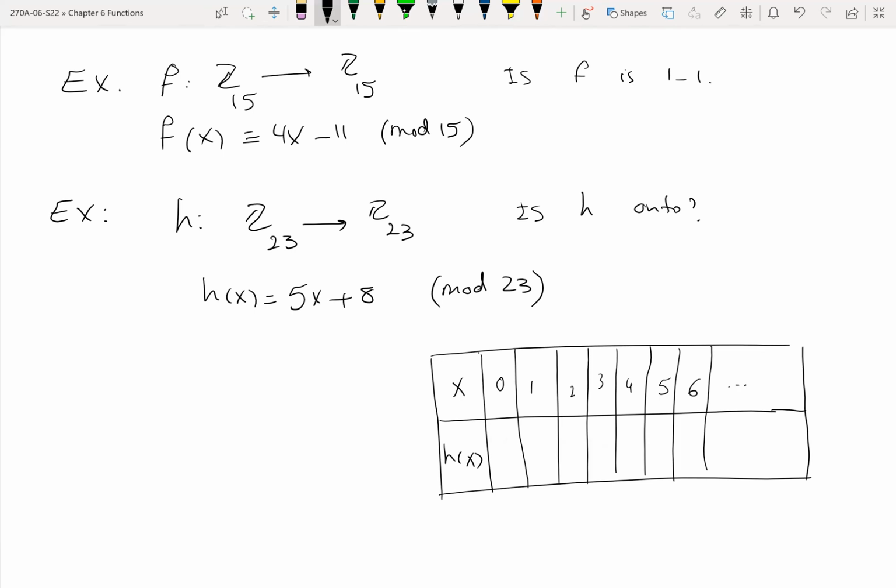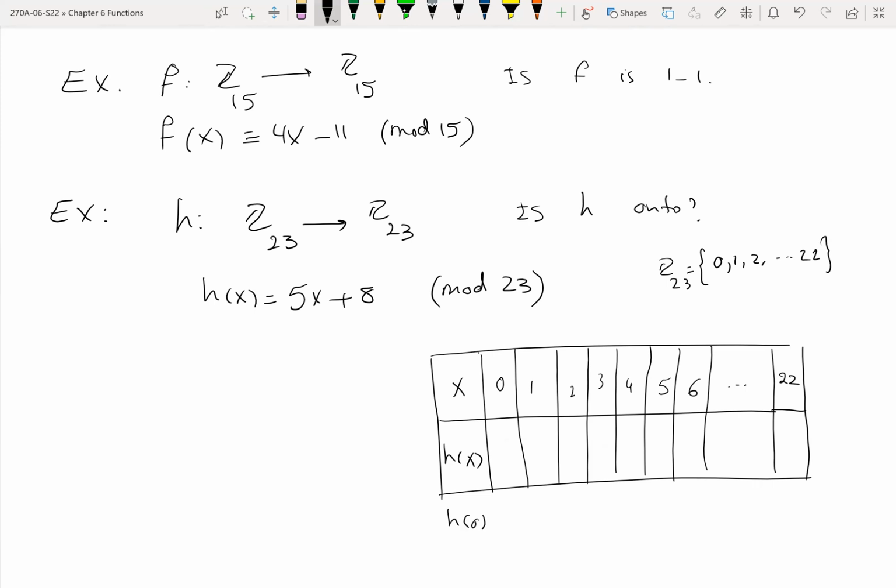You can continue really up to 22, right? So Z sub 23 is included. Let's write over here, to remind you all, the remainders when you divide by 23. So it's going to be 0 all the way to 22.